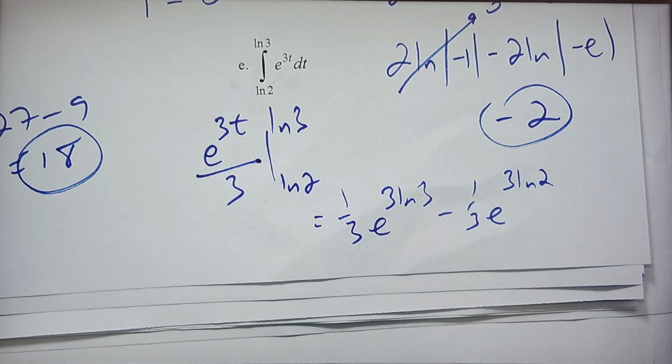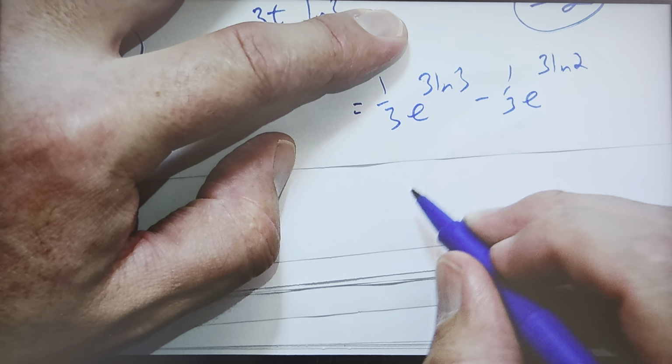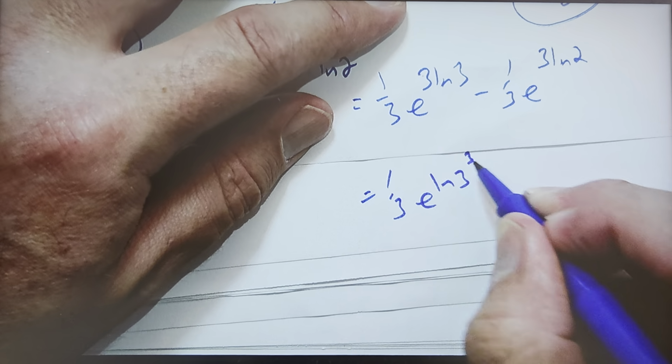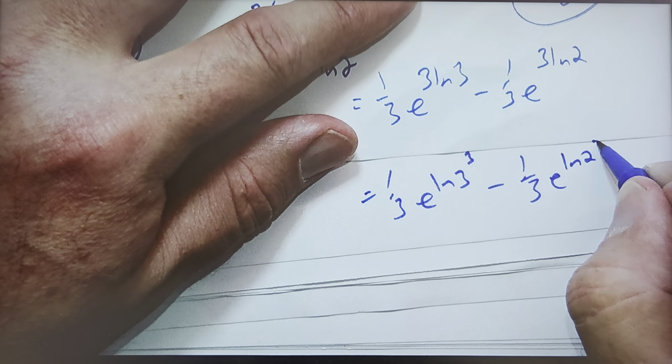What would these do if that stupid thing wasn't in the way? It would cancel. So how do you make it get out of the way? Bring it back up, because logs have the power to take the power down, which means they can put the power back up. So I can rewrite this as 1/3 e to the ln 3 cubed minus 1/3 e to the ln 2 cubed.